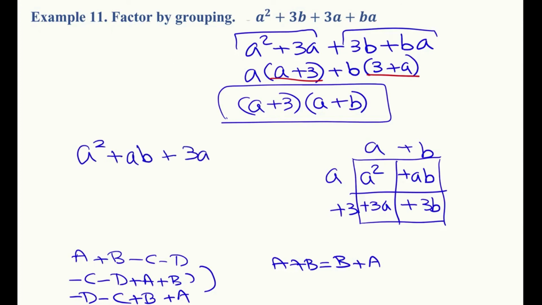Notice it doesn't look identical to this yet, but if I just rearrange the terms, you can see all the terms involved in the original problem are there, right? There's A squared, there's AB, which is the same as BA, there is 3A right there, and there's 3B.